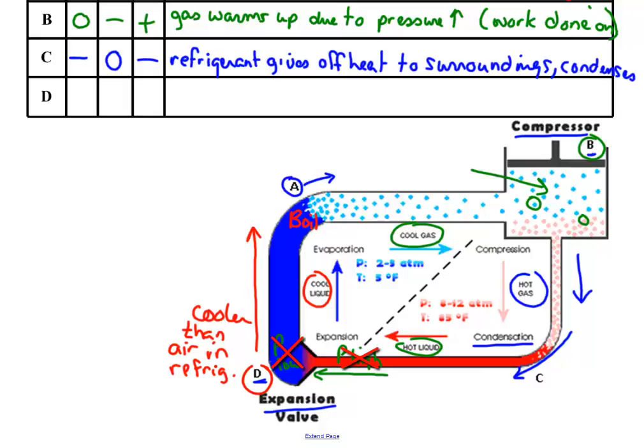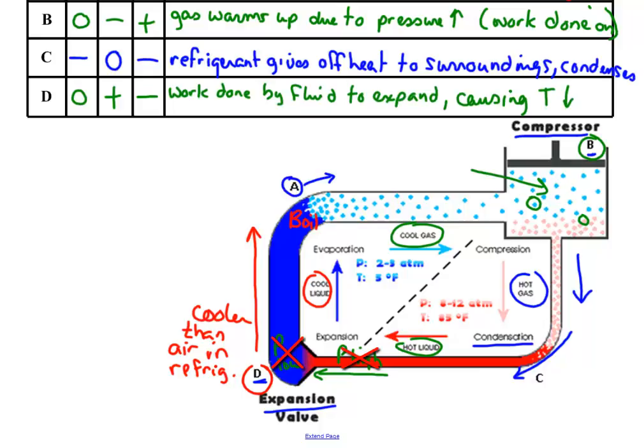There's no heat transfer into or out of the system, but we have work involved again, and therefore a change in internal energy. So no heat transfer, it's adiabatic. Work is being done by the liquid, in this case, so it's positive, and because work is being done by the gas, the internal energy is decreasing, causing the temperature to decrease. So that's how a refrigerator works.